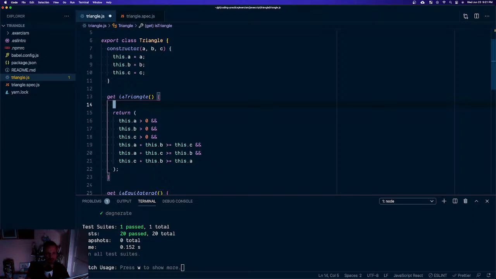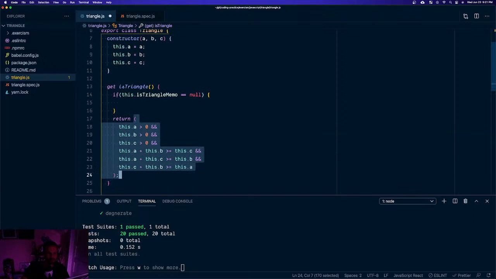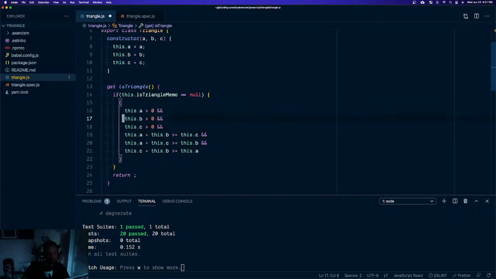It would be if it's double equal null, that'll check for both null and undefined, and only null and undefined. That's the only place where I think a double equal comparison is acceptable in JavaScript. Then set it, and then return it.